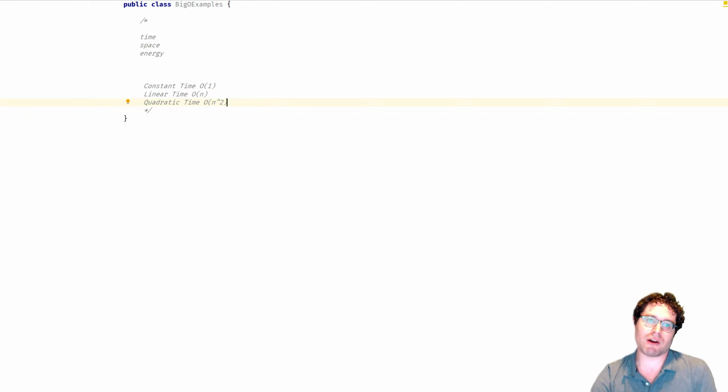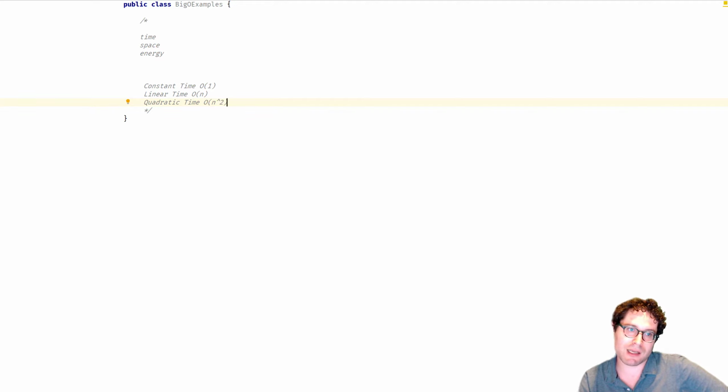For linear and quadratic, the way I like to compare it is this. For linear time, if you've ever had to grade papers, being a TA or something, or grade homeworks, which I have to do: if I've got 50 students, then it takes me a certain amount of time to grade all those exams. Say it takes me 3 hours to do 50 students.